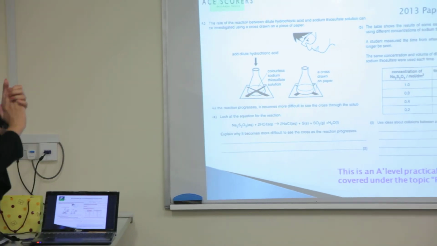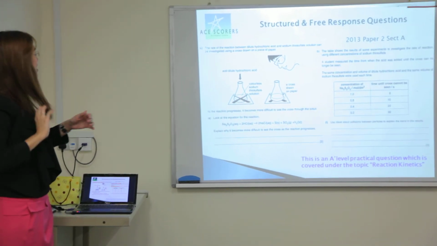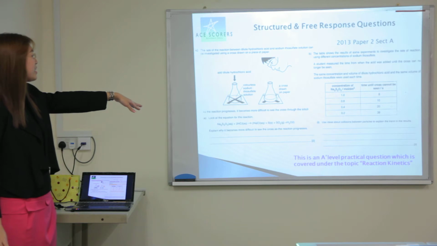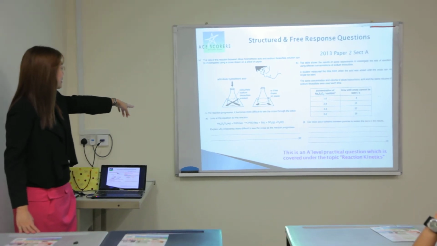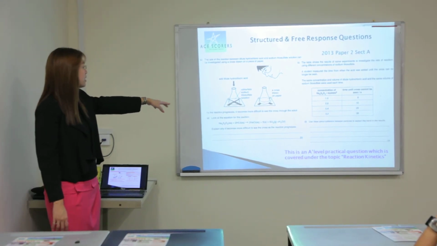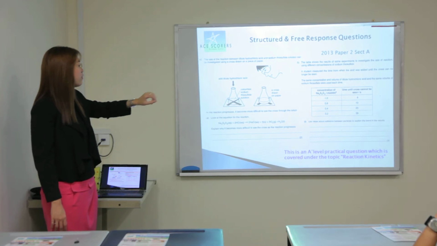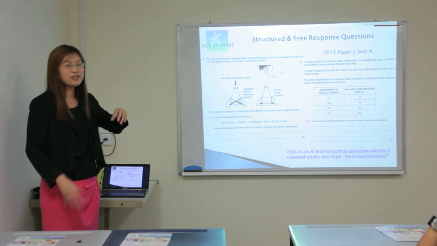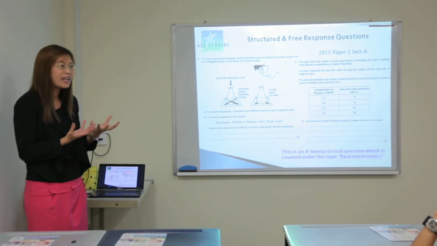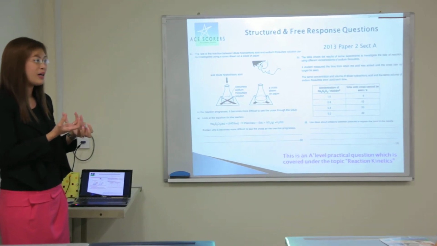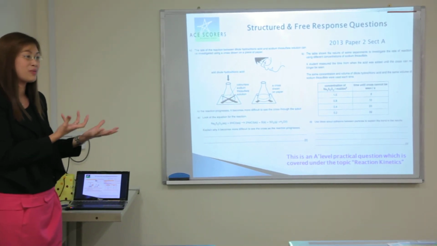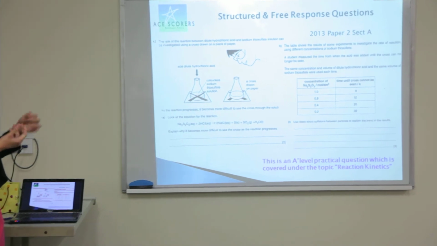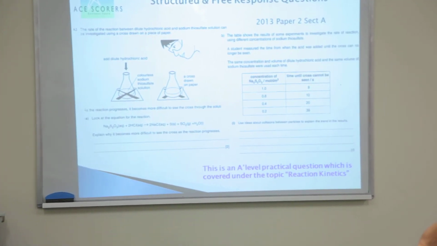In the question, what they are testing the students on is this part: explain why it is more difficult to see the cross as the reaction progresses. If the student doesn't know that thiosulfate has this tendency to form a precipitate when it reacts with the hydrochloric acid, then they wouldn't be able to answer this question.